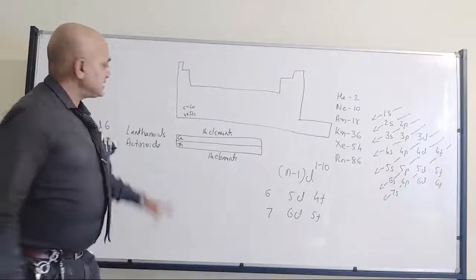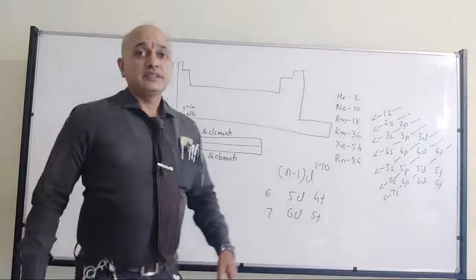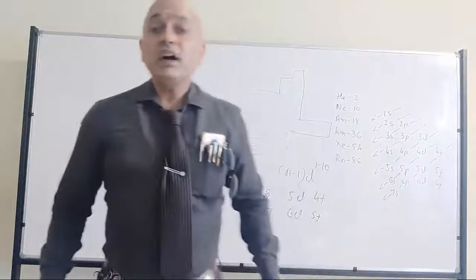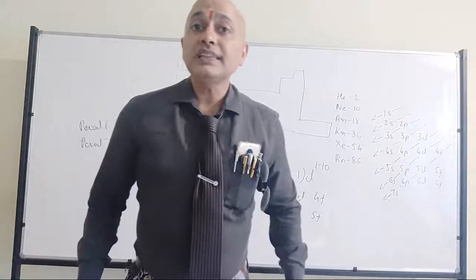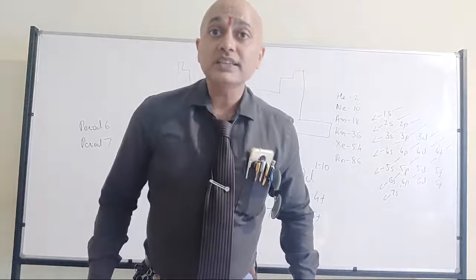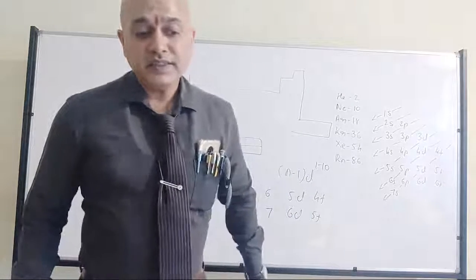Fine? So that's why we have the lanthanoid series and actinoid series. Why are they called the lanthanoid series? Because they come after the lanthanum element. Why are they called the actinoid series? Because they start after the actinium element. Okay?